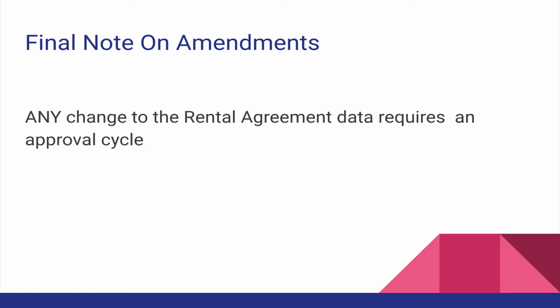A couple of other points I want to mention here. In the examples that we looked at here, we only changed the assessment amounts. Now, this is probably going to be a fairly common change that you'll make, but any change that's made to the rental agreement data will require you to go through that rental agreement approval flow.